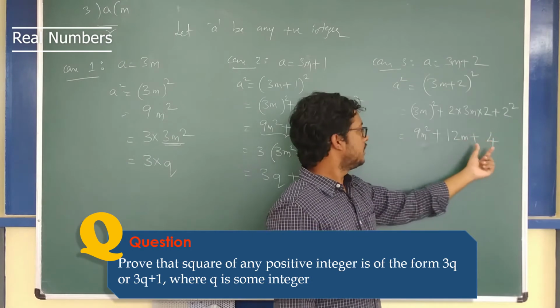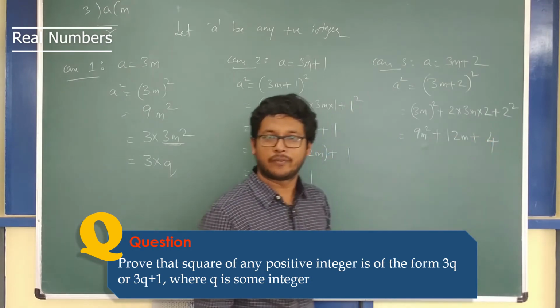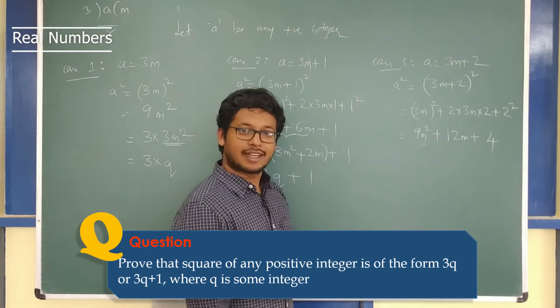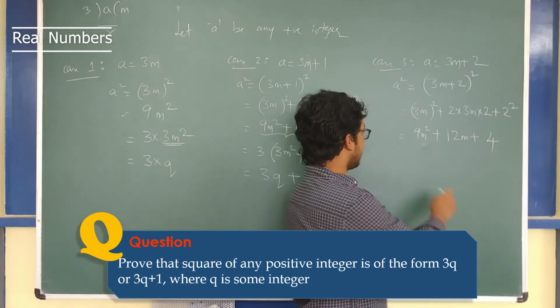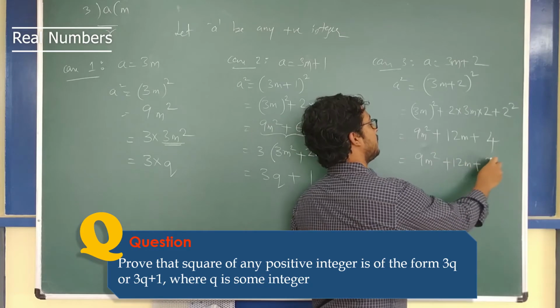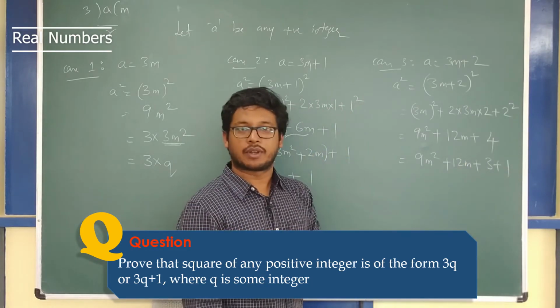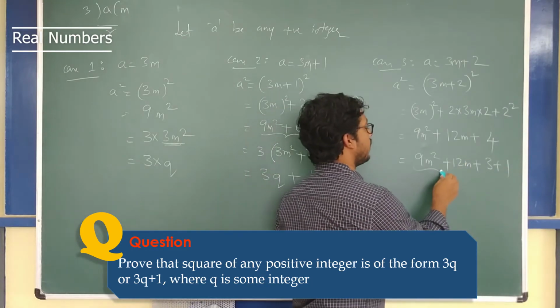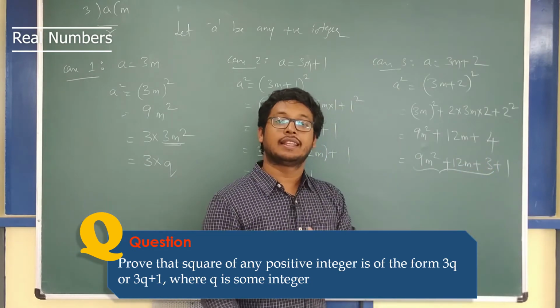Now how do I get rid of this 4? What we have to do here is write this 4 as 3 plus 1. So 12m plus 3 plus 1. Now in all these 3 terms, you can take 3 outside.